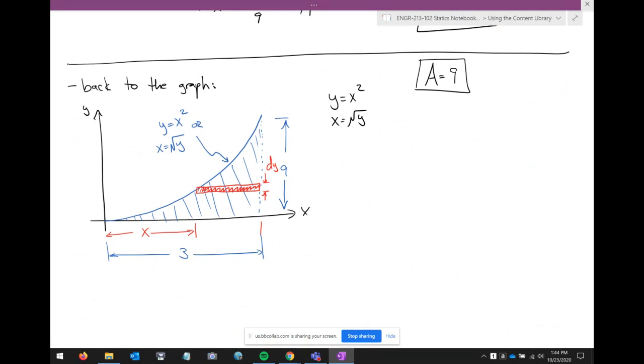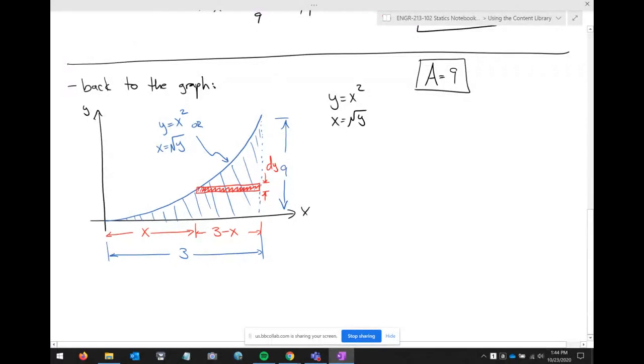So this dimension is x. So if that dimension is x, what is this dimension? It is 3 minus x. Now, let's say you're like, hold on, Dr. Mike, I don't believe that. That doesn't work. I can prove to you that it works.